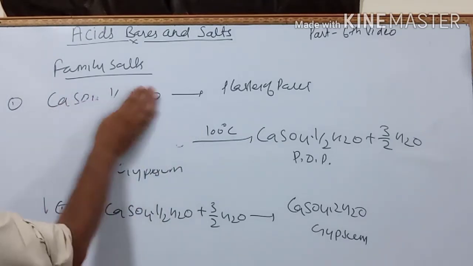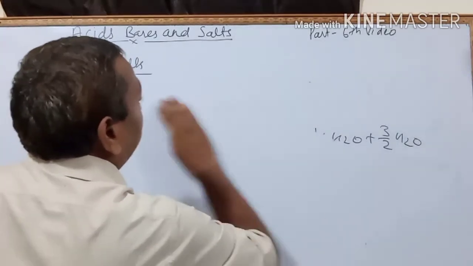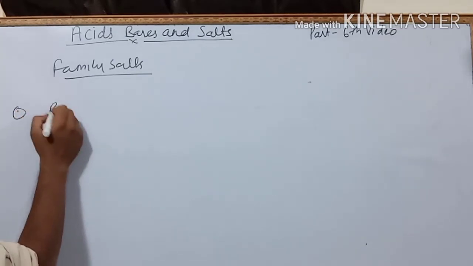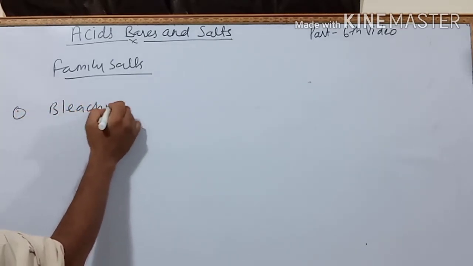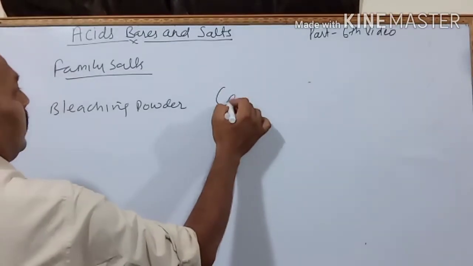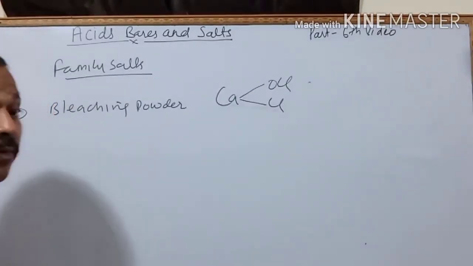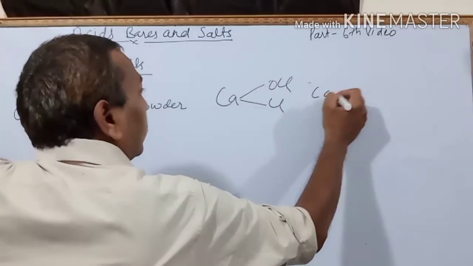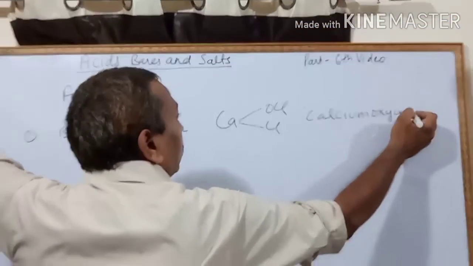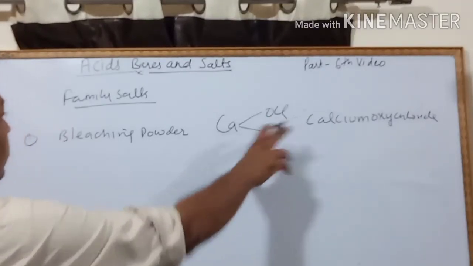Next, a very important salt we will take is known as bleaching powder. The chemical formula is CaOCl2, calcium oxychloride. Calcium oxychloride, this is the formula.